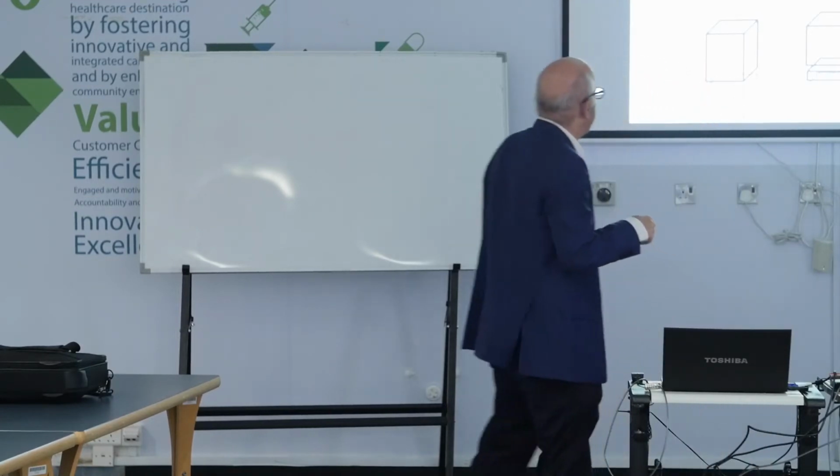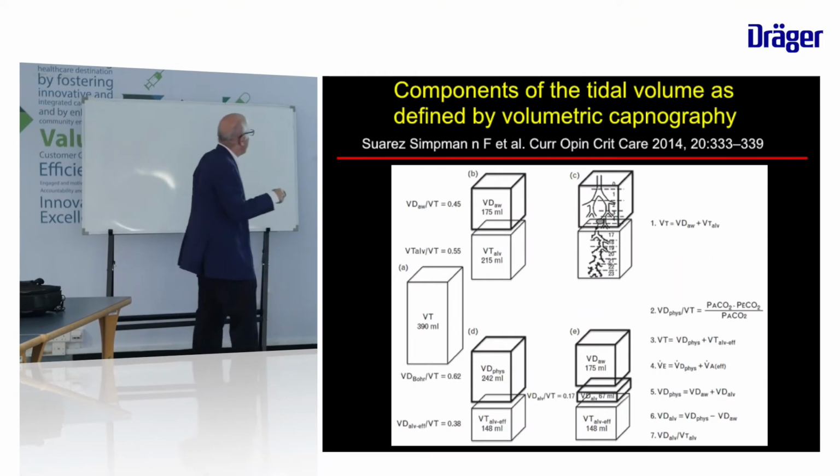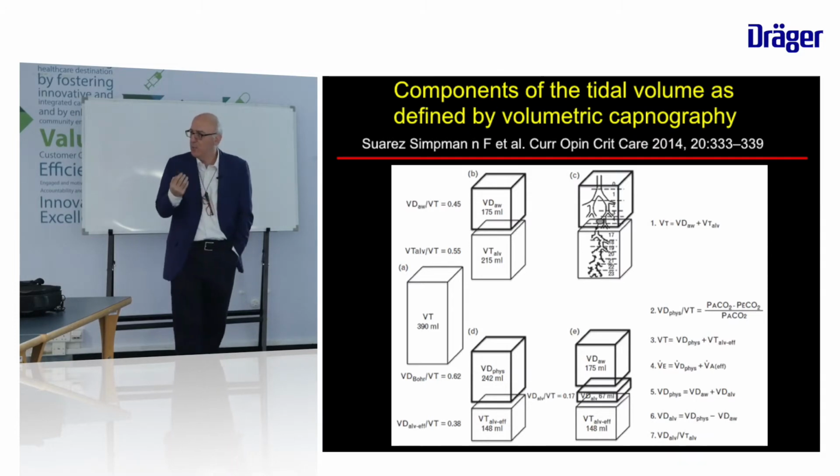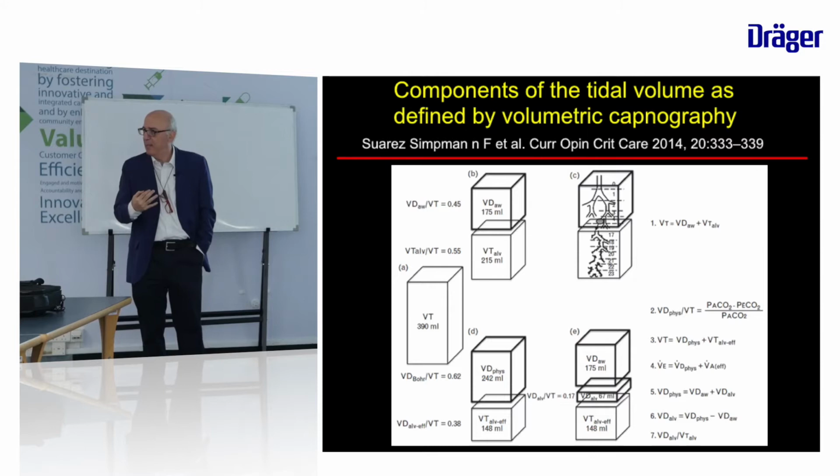This is just an example. You see here, for example, you have tidal volume 390, which is the sum of physiological dead space and the effective tidal volume. And you see that the physiological dead space is made of anatomical dead space and alveolar dead space, you see? In this way, you can separate all the different components of the tidal volume.